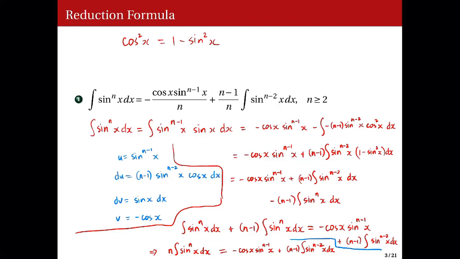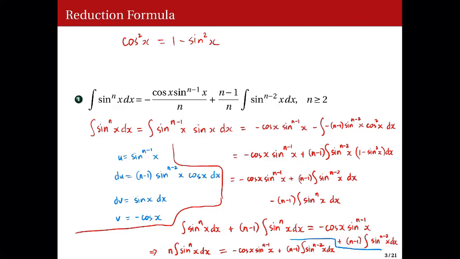Now, if your n is even, there will be a point where you will just have integral of dx. You'll just get sine to the 0. Okay? And then if your n is odd, you will end up at some point here with integral of sine x dx. And we know the integral of sine x dx. Okay? So it's a reduction formula.